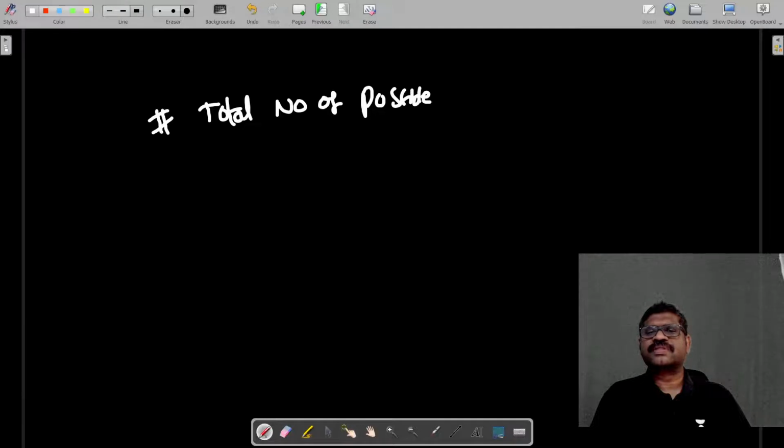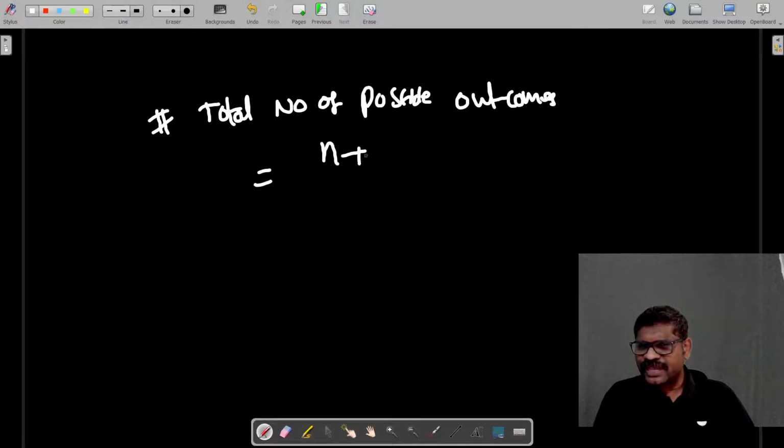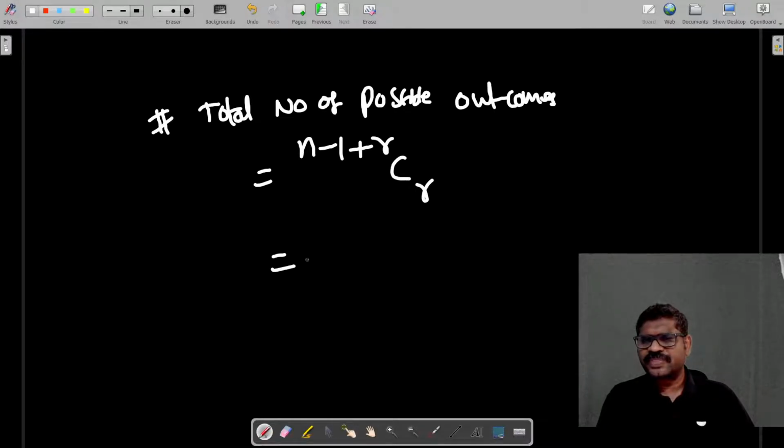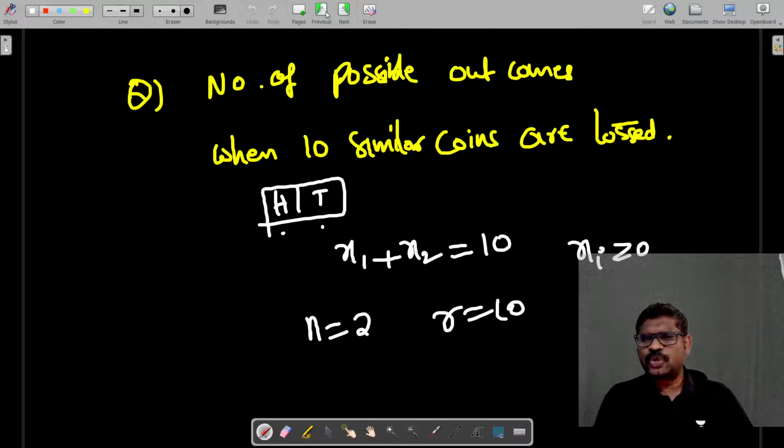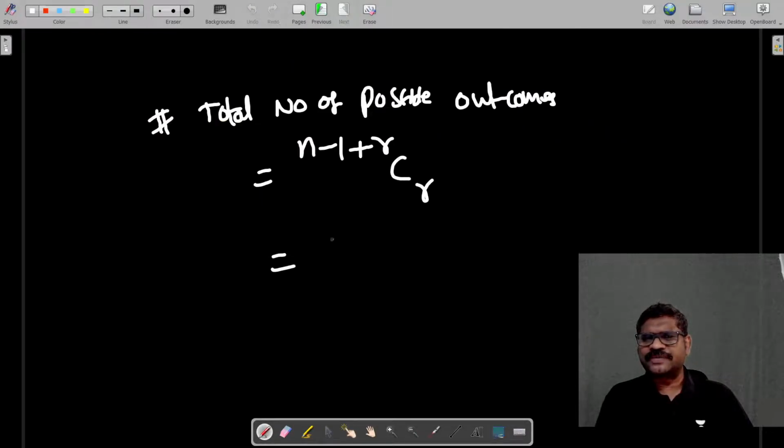Therefore, total number of possible outcomes is equal to (n minus 1 plus r)Cr. N value 2, R value 10.